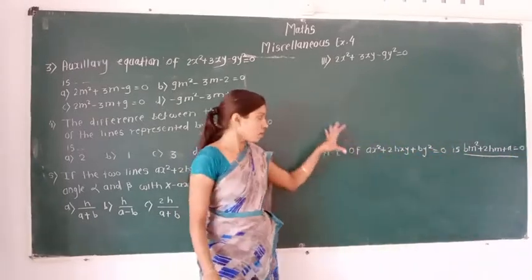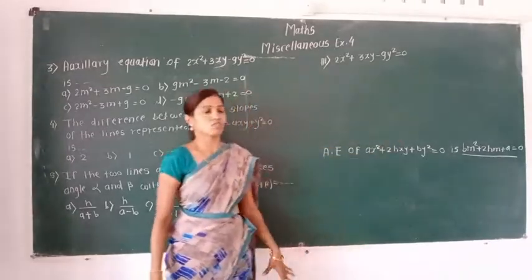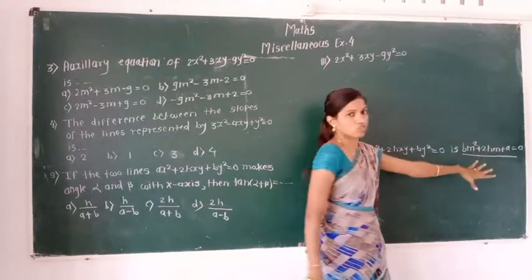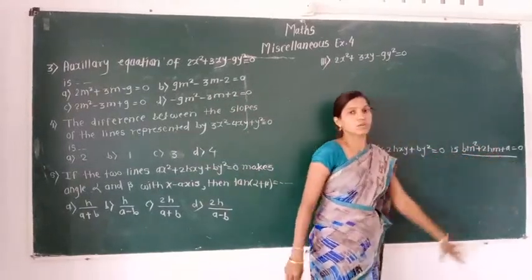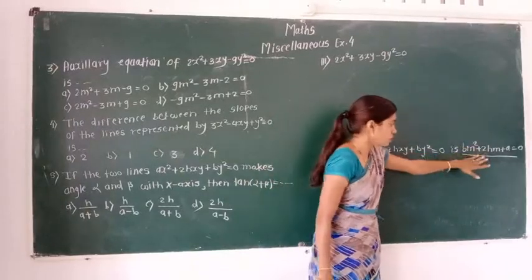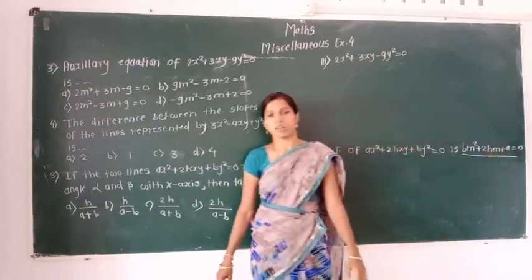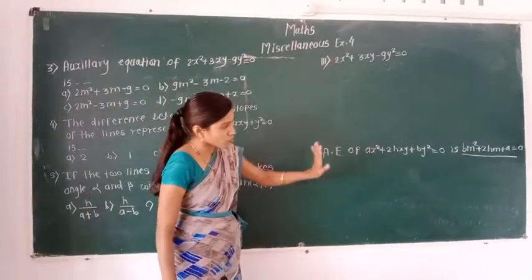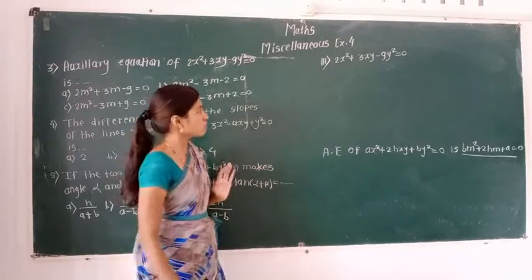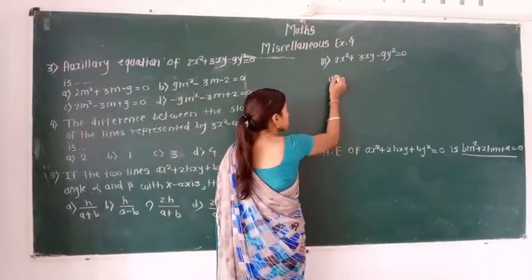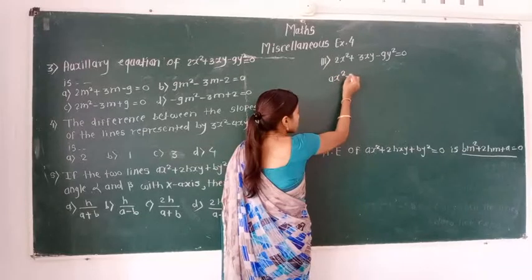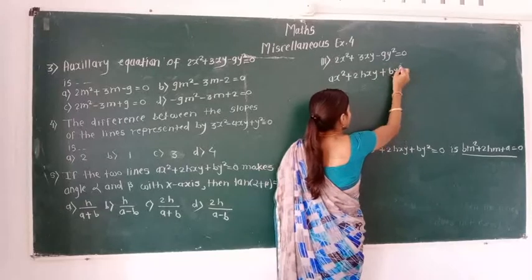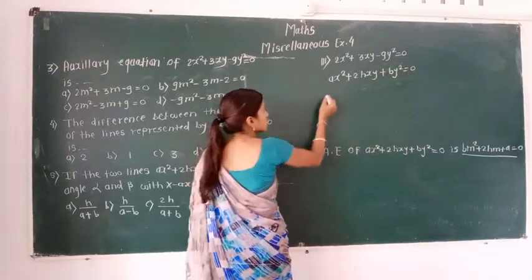What we have to do is, this is a homogeneous second degree equation, and we must know its auxiliary equation. This equation is represented in terms of m, and in it we first have to find out the values of b, h and a. So using this equation, first of all find out the value of b, h and a. Comparing this equation with the standard equation ax square plus 2hxy plus by square is equal to 0, we get the value of a.